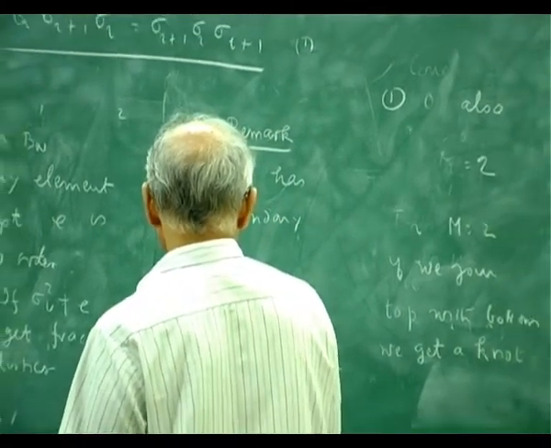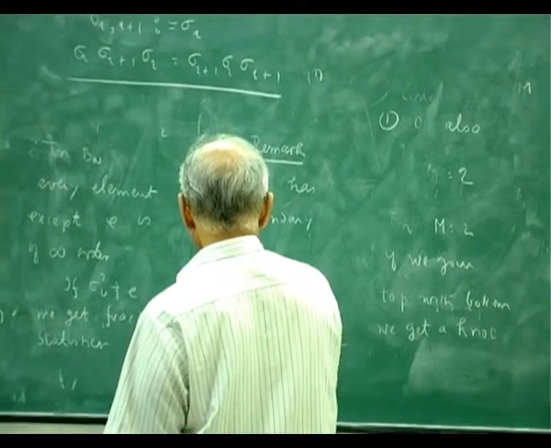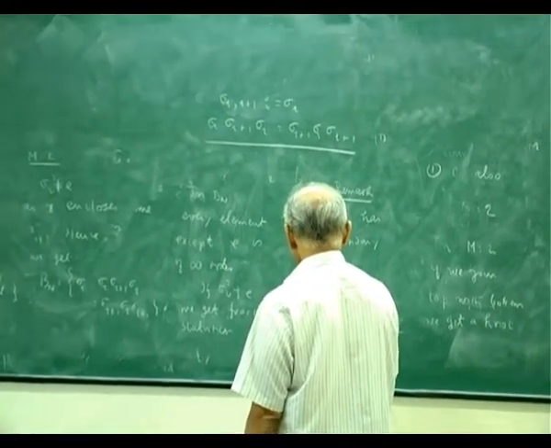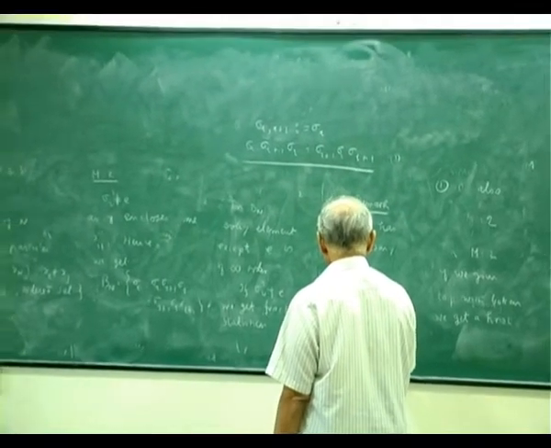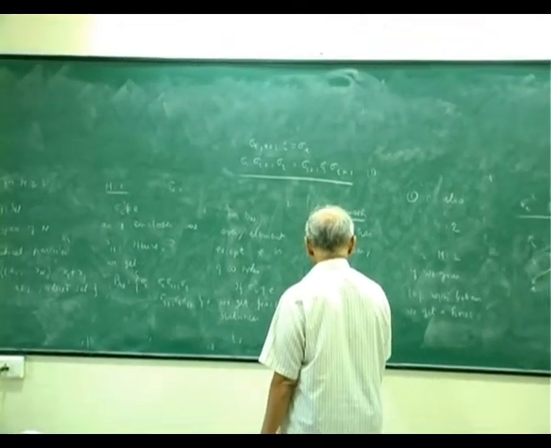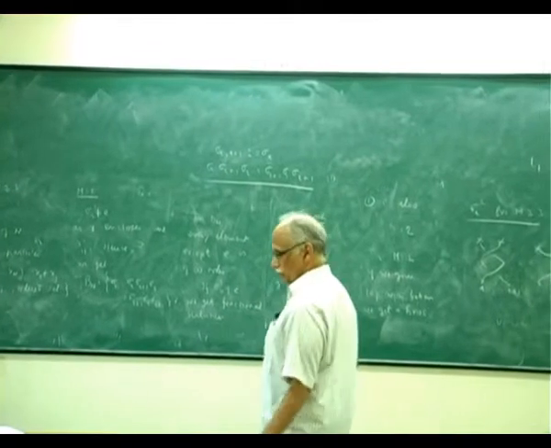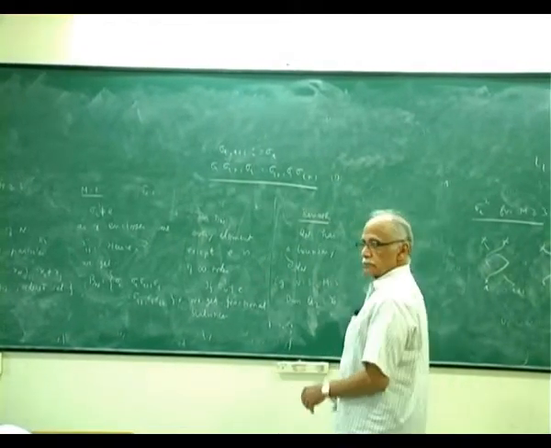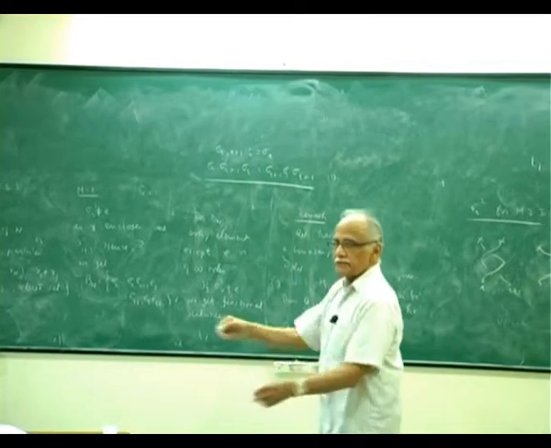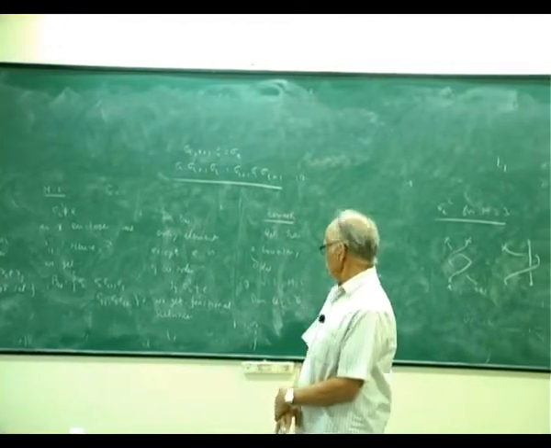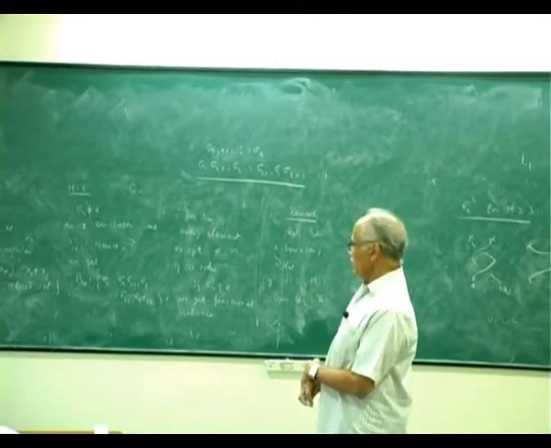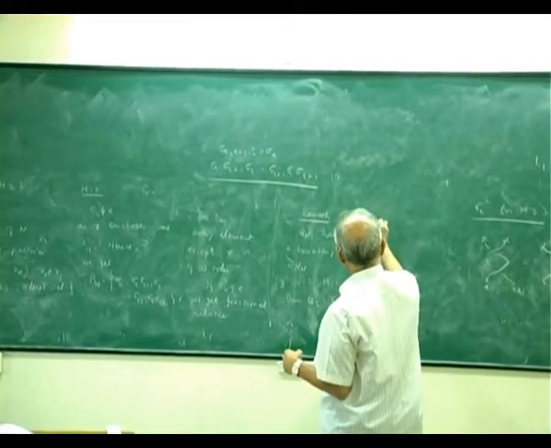I am removing the diagonals, no? So what is the dimension of Q2? It is 6. Two identical particles, just 3 coordinates for each. What is the dimension of dQ2?